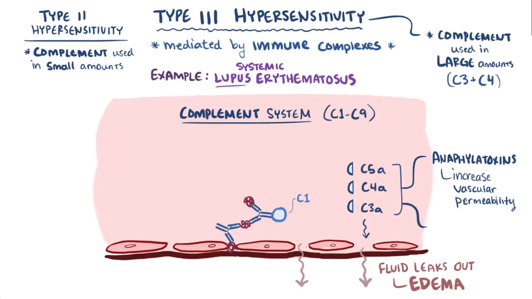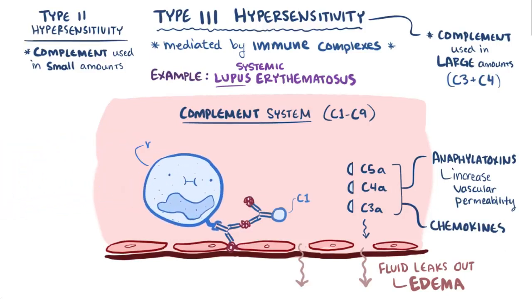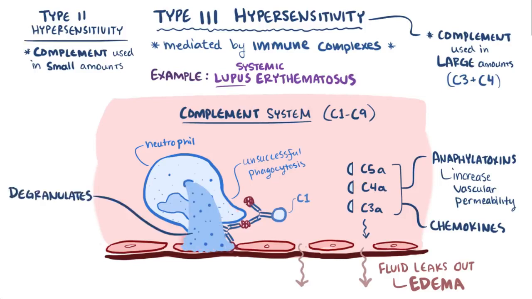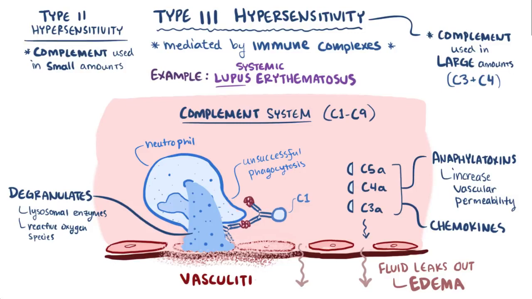The second thing C3a, C4a, and C5a do is act as chemokines, meaning they recruit other cells like neutrophils to the site. Now, once neutrophils join the party, they try and phagocytize the immune complex, but usually they can't. During this process, they degranulate, meaning they dump a bunch of lysosomal enzymes and reactive oxygen species which cause inflammation and tissue necrosis, which ultimately causes vasculitis or inflammation of the blood vessels.